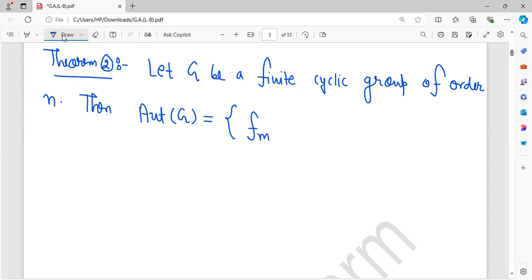F_m such that F_m x is equal to x to the power m for all x belongs to G. Write symbolically, it will be better.